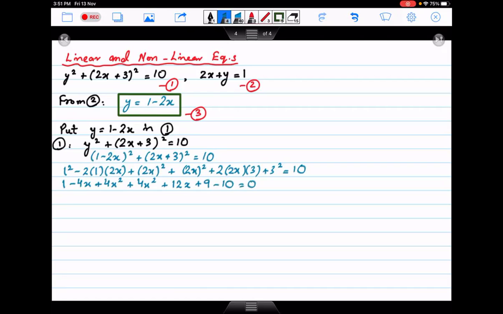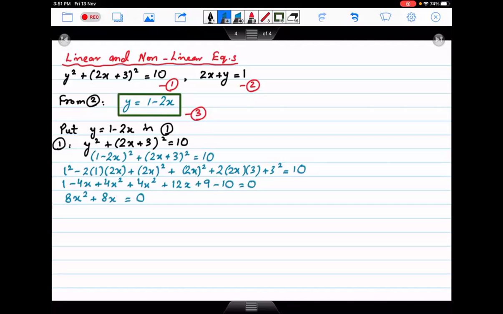Now 4x² plus 4x² becomes 8x², and 12x minus 4x becomes 8x, and 1 plus 9 becomes 10, and 10 minus 10 becomes 0. Okay, now we can factorize it, and it's a really simple process.